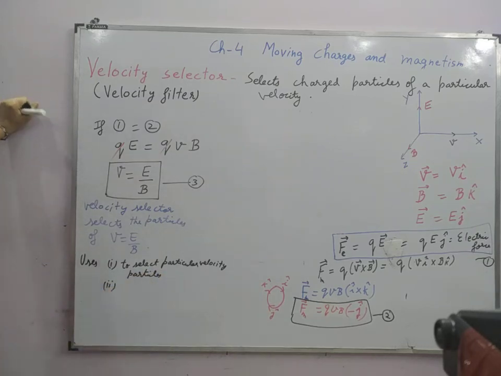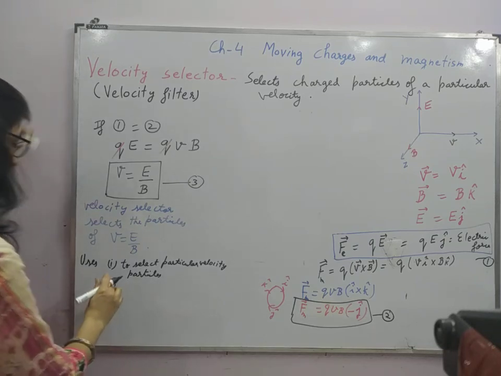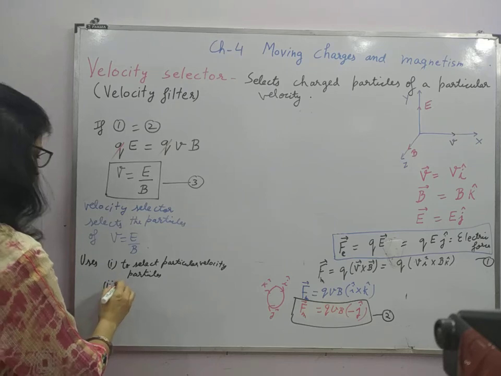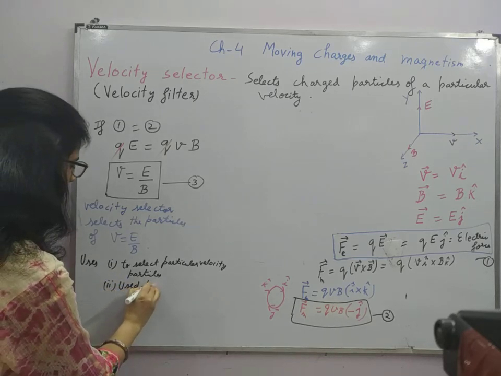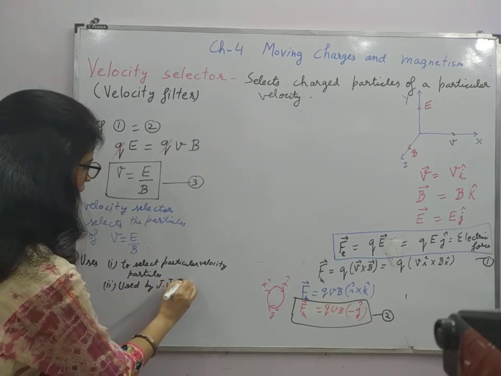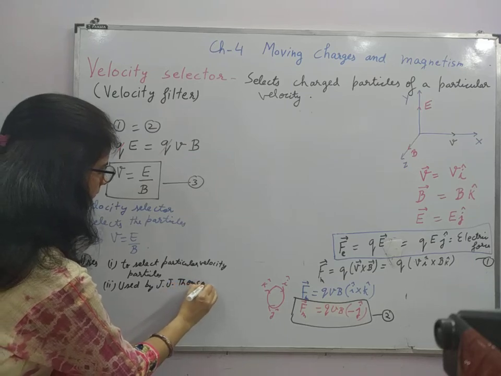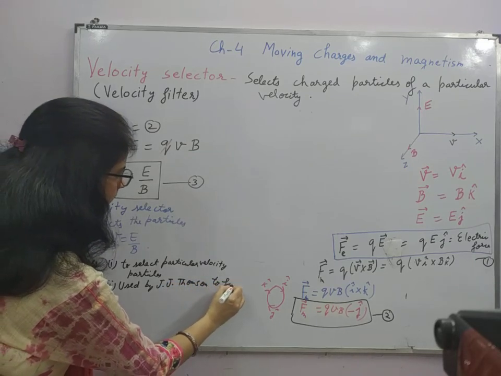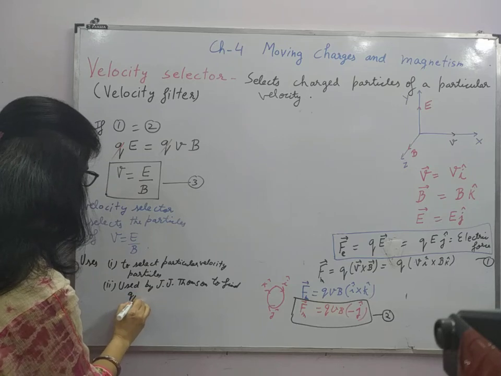Second, it was used by J.J. Thomson for finding charge to mass ratio.